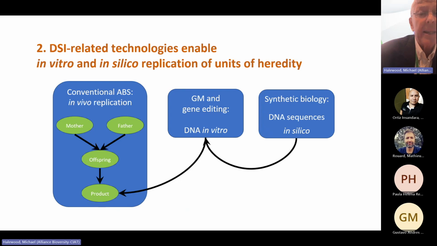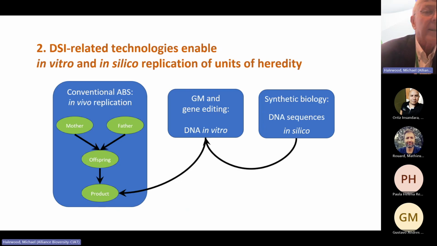With synthetic biology, we can go one step further and replicate the units of heredity on the database. And through a DNA foundry, we can go back to real DNA and incorporate that DNA into a normal product.